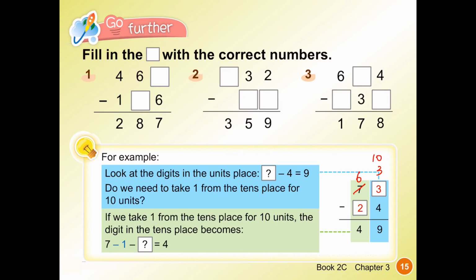So students, please pause the video for now and try to work on the 3 questions above. In 2 seconds, I will give you the answers. So here are the answers for the 3 subtraction questions.